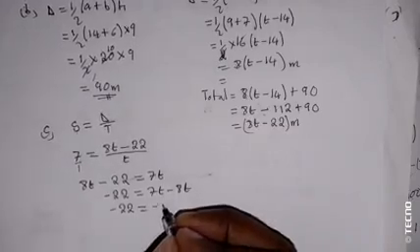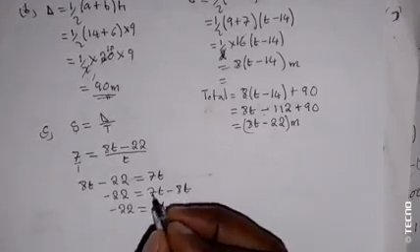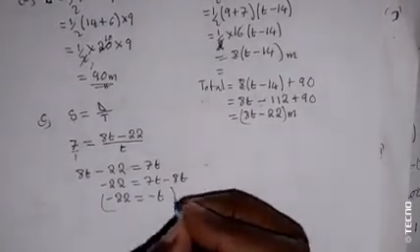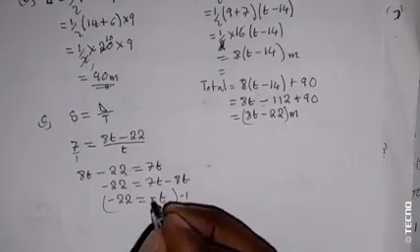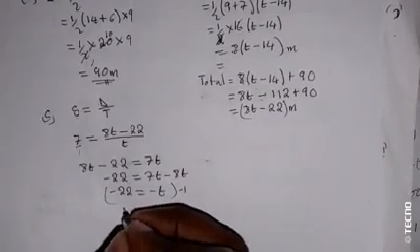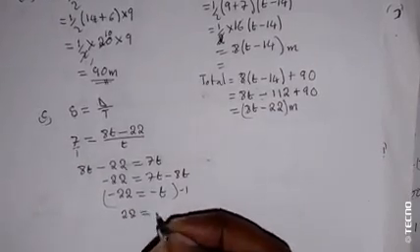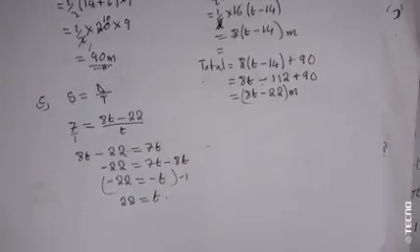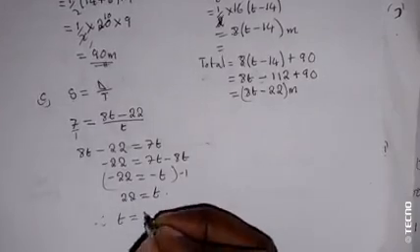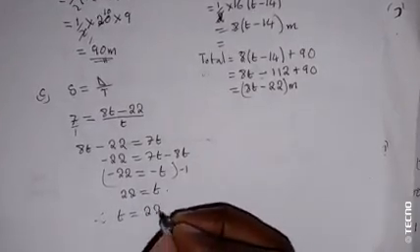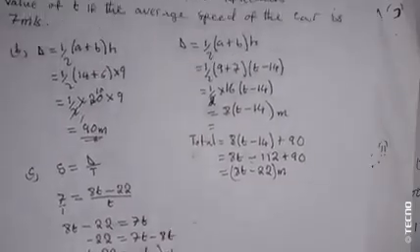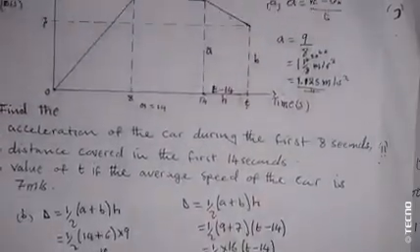Okay, 7, 8, so get a negative t. Then you multiply throughout by negative 1 to get rid of negative, or you divide throughout by negative 1. So here the answer is going to be 22 is equal to t. So here therefore our t is equal to 22 seconds. This is the value of t on this diagram. Okay, thank you very much.